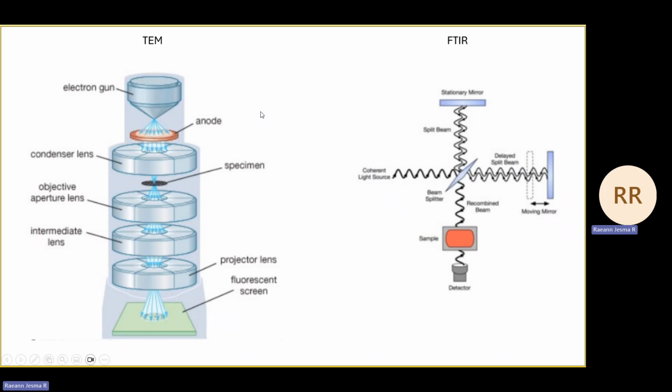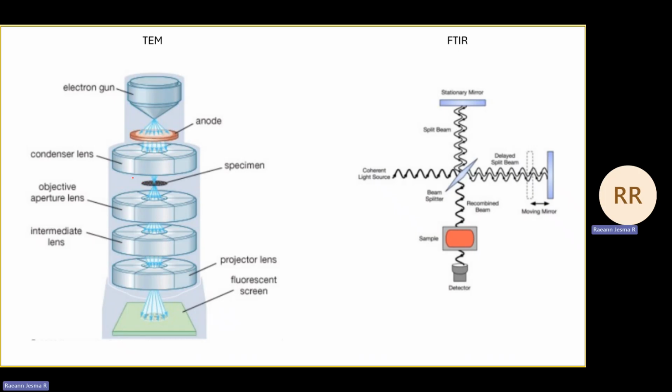And here the sample is generally very thin. Whatever electrons pass through the sample are captured on some detector, and from that the imaging is done.